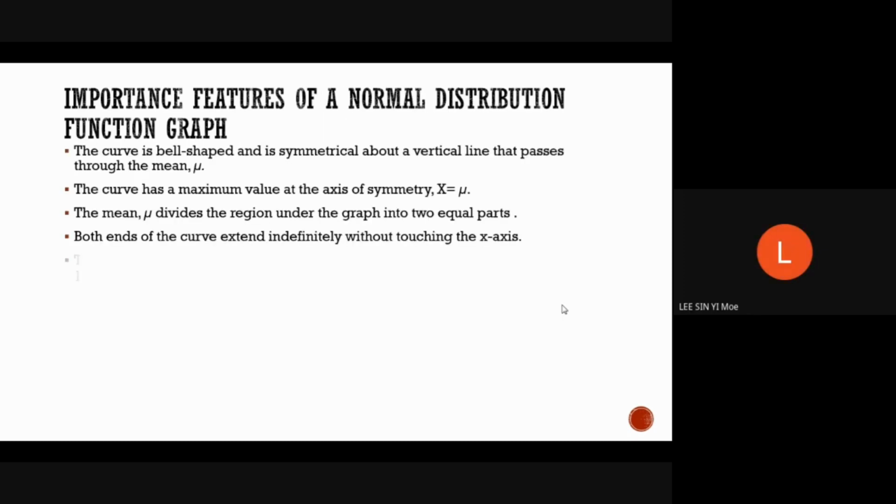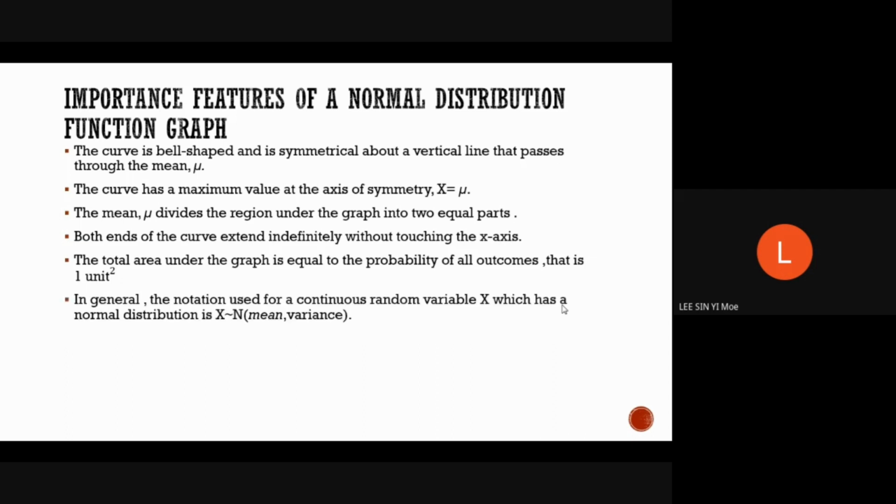Important features of a normal distribution function graph. The first one is the curve is bell-shaped and is symmetrical about a vertical line that passes through the mean. And then the curve has a maximum value at the axis of symmetry, which is equal to the mean. And the mean divides the region under the graph into two equal parts.